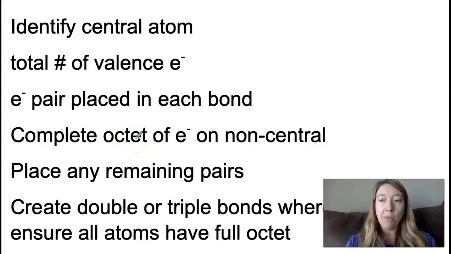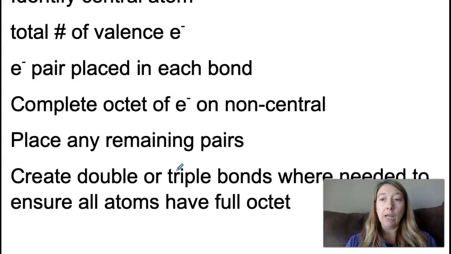We're then going to count up how many dots we've drawn. If we see that we've drawn, let's say 20 dots, but we knew we were allowed 24, then we're going to place those remaining 4 valence electrons on our central atoms. If, though, we see that there are no extras to place, then we're not going to put anything on those centrals.